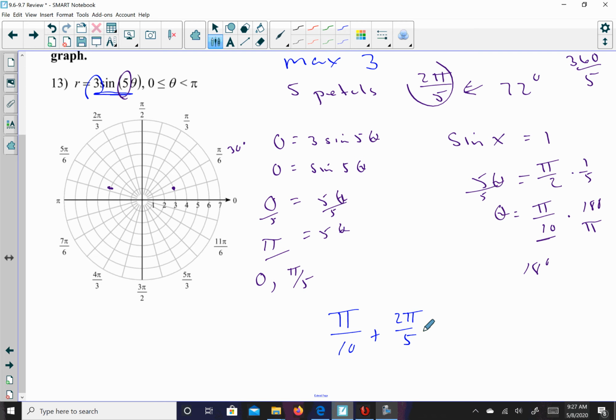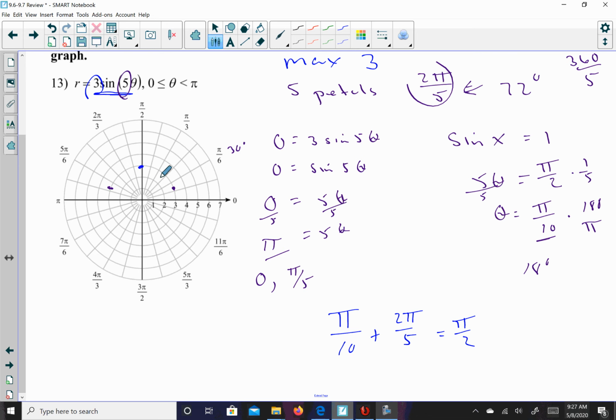And when I do that, and you can do it in your calculator, you can change this so that it's 4 pi over 10, and you get 5 pi over 10, which is pi over 2. So I'm going to have a max at pi over 2. So 1, 2, 3. So pi over 2, 3.